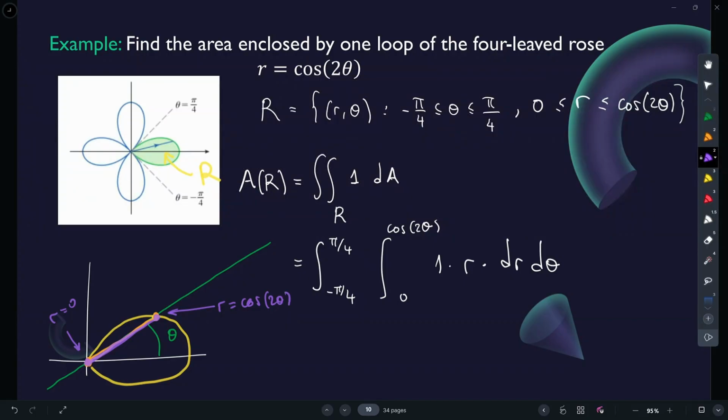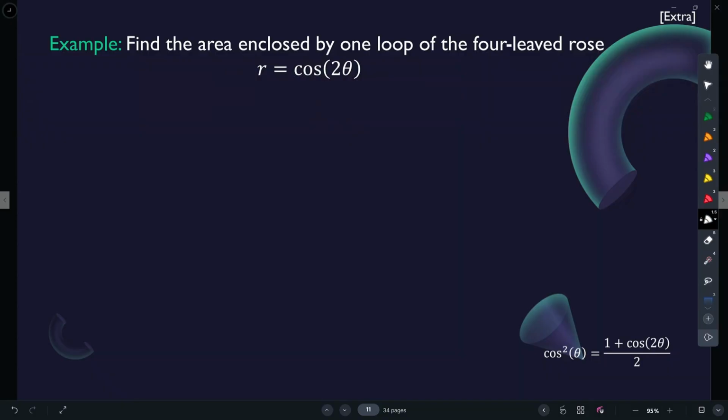So the bounds on the radius, once I fix the angle, go from 0 to cosine of 2 theta. Okay? All right, so I'm going to integrate from minus pi over 4 to pi over 4, from 0 to cosine of 2 theta, r dr d theta.